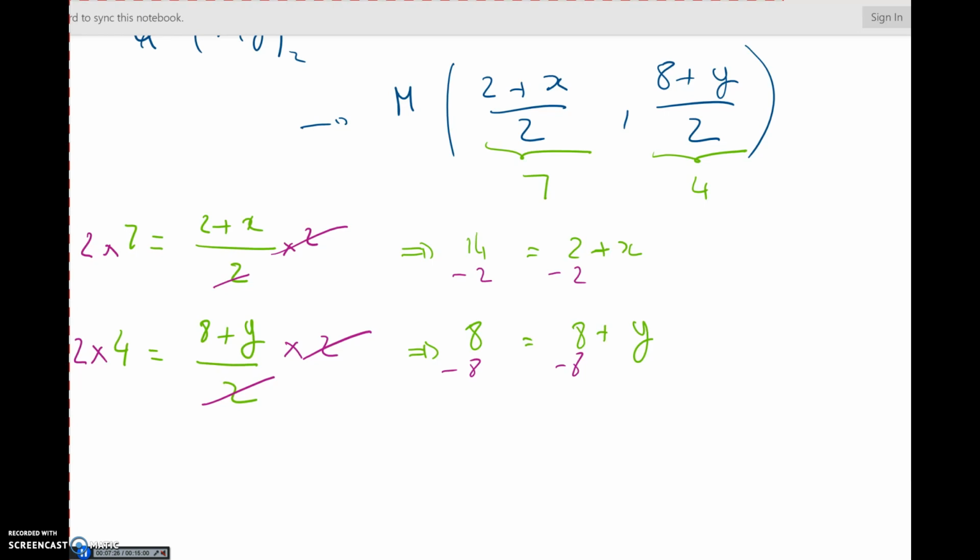First, x equals 12, and second, y equals 0. Therefore, now you know that the endpoint Q has coordinates (12, 0). We good? All right.